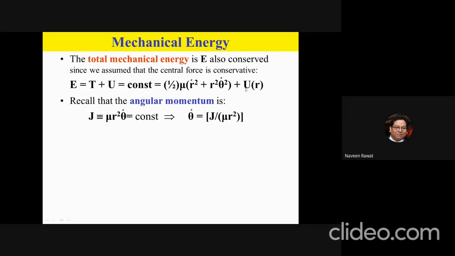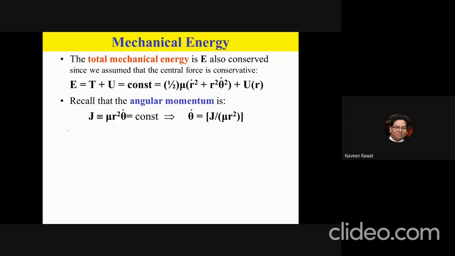In this scenario we can find an expression because we already know what the angular momentum is. So we know J is mu r square theta dot. So if I want to replace this expression here, I can do that. So let's try to do that.